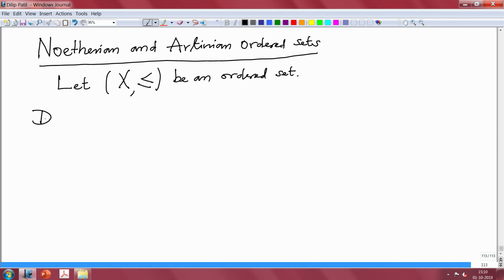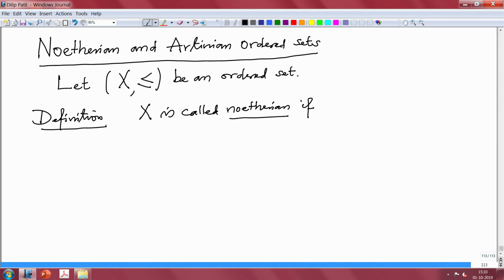So, let us define: x is called Noetherian if every non-empty subset y of x has a maximal element.